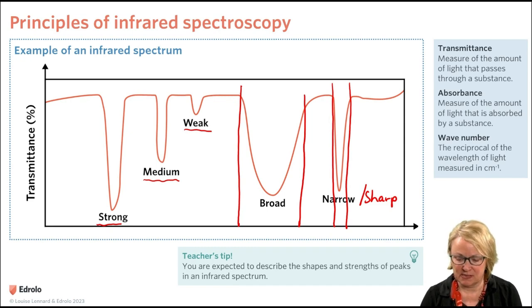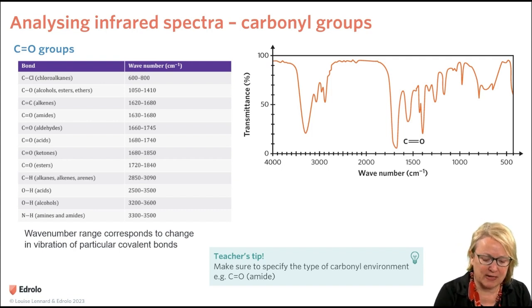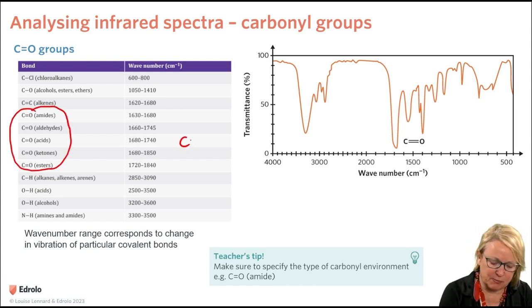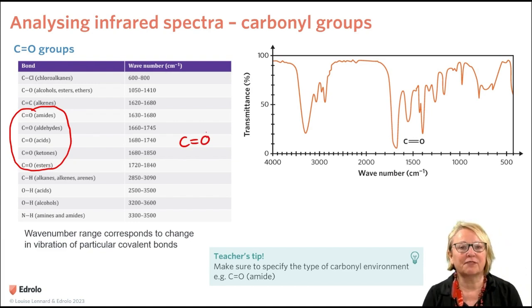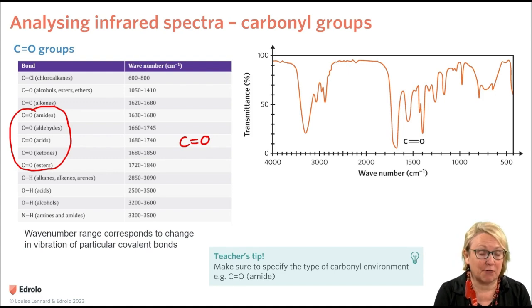The most useful part of infrared spectroscopy is the identification of functional groups or specific covalent bonds within molecules. If you look at the data book, you see that there are lots of carbonyl compounds containing C=O that have wave number ranges, and they tend to be quite narrow ranges.